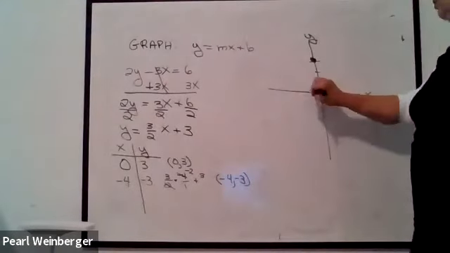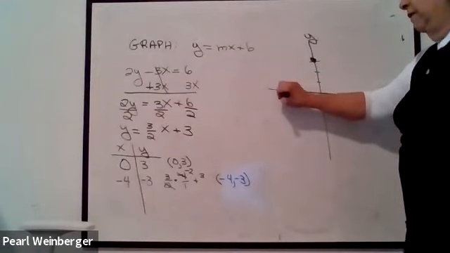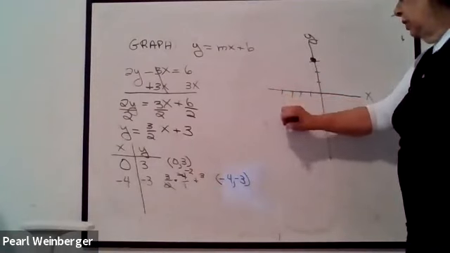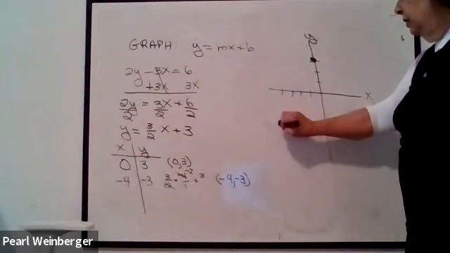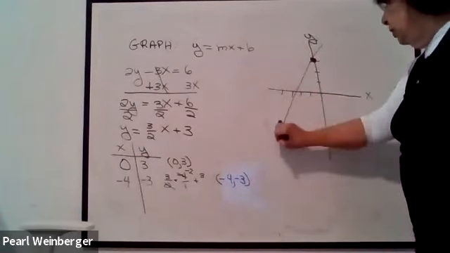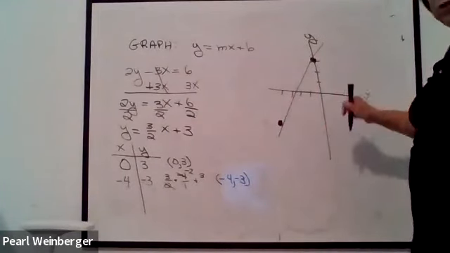Which means here's where we go. 1, 2, 3, 4 to the left, and 3 down. 1, 2, 3. And here, this gives me a second point. And now I can connect these 2 points. Let's see if I can do such a good job on that.